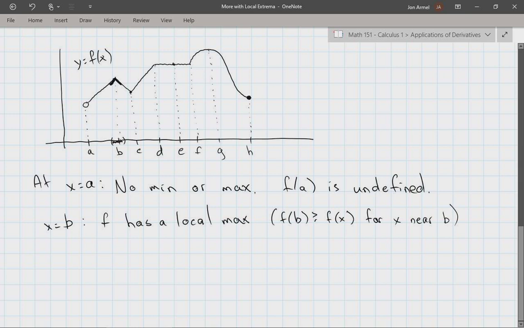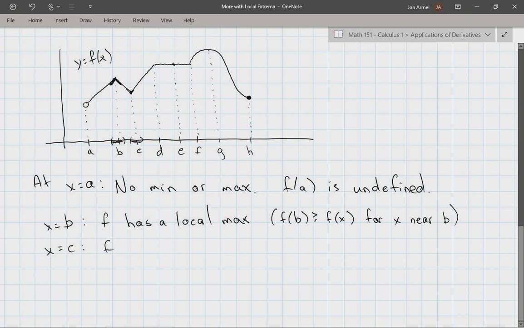Okay, and what about at c? Well, that's very similar, except it's a local minimum. So the function does get smaller at other points, like at h, for example, but nearby x equals c, we just draw a little tiny interval around x equals c. The function is smaller at c than it is anywhere else in that interval.